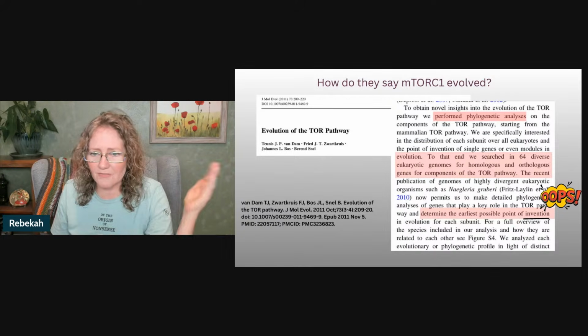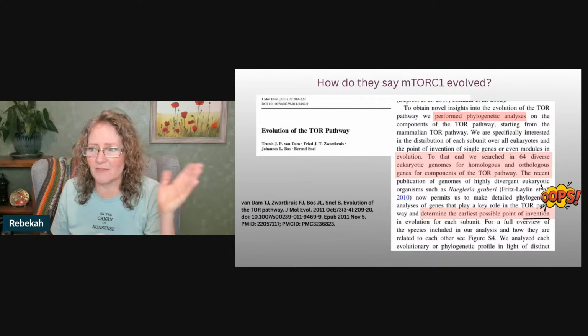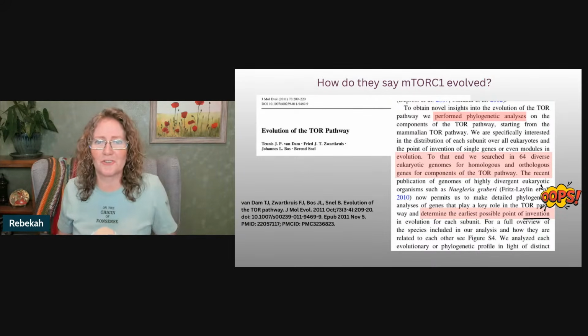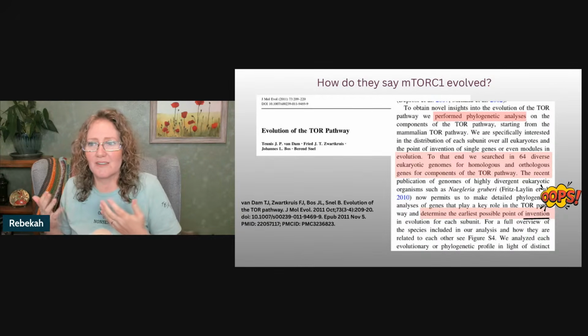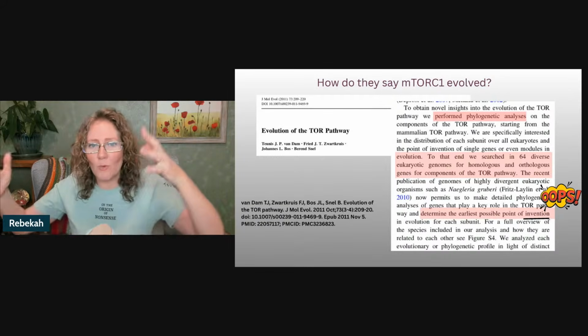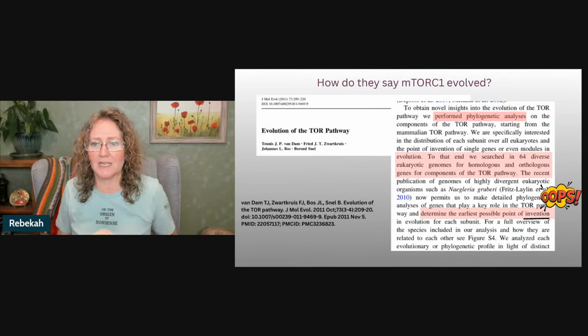Now it's become one of my favorite things to do, to just Google the evolution of something and read the papers, because what you'll find is there is no evidence given. It's always assumed that evolution has happened, and everything is based on that assumption.